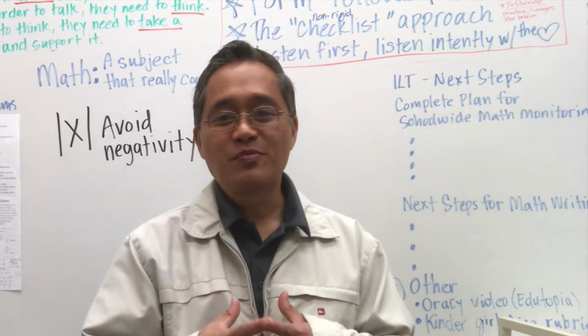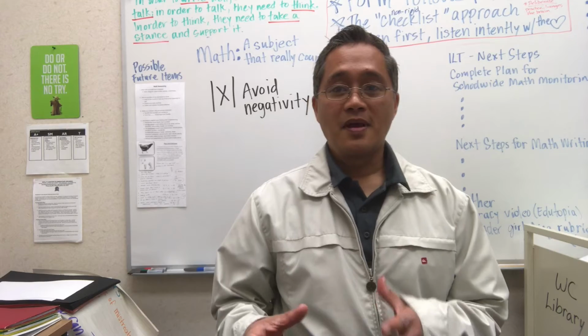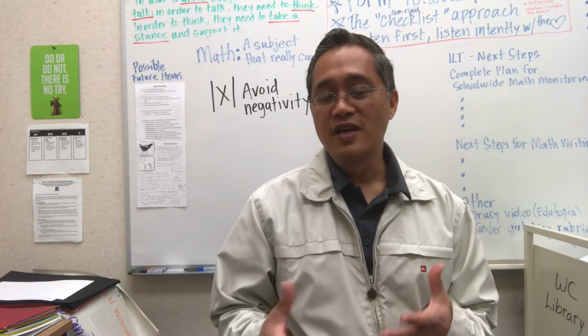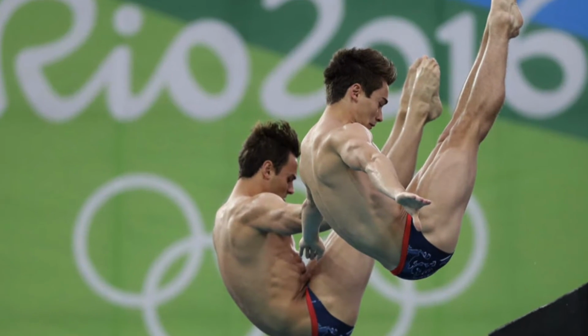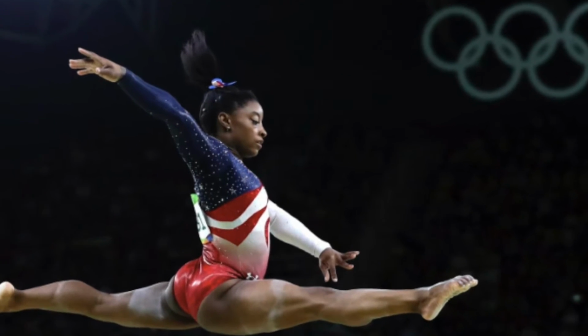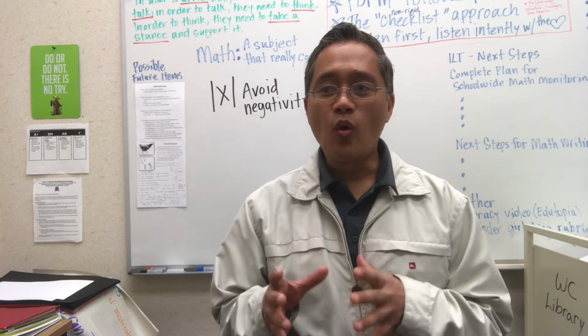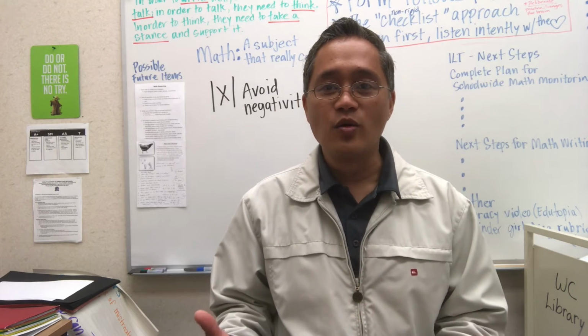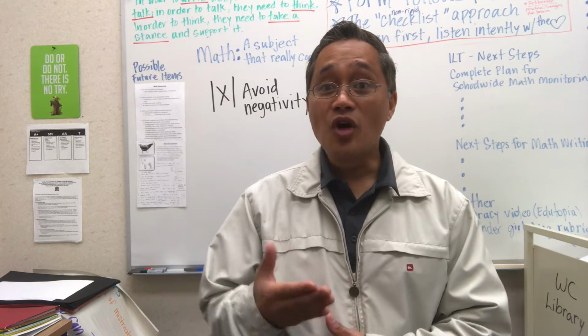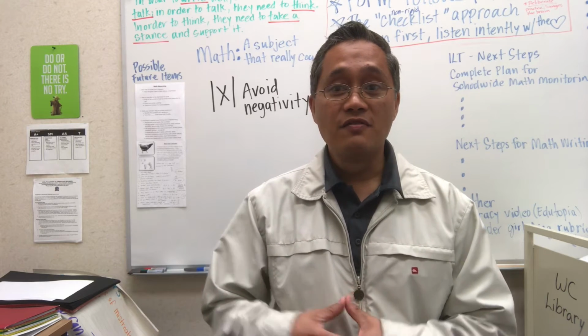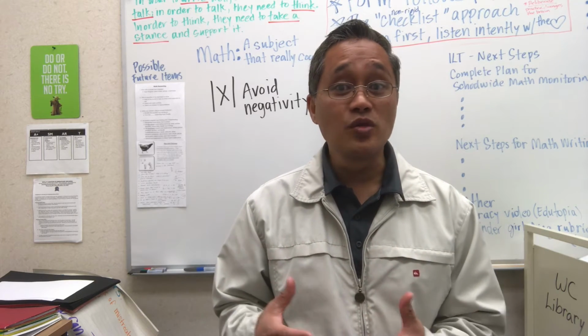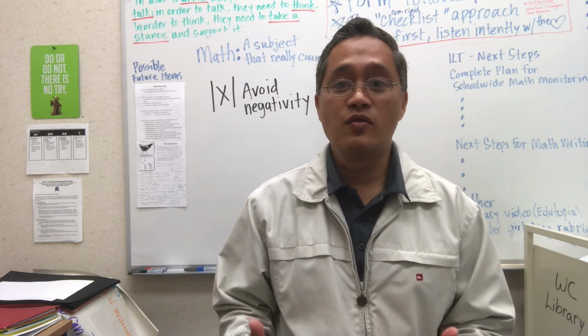So think about experts in any field. I tend to think of Olympic events such as diving or gymnastics or figure skating. The judges for these events always see nuances that I don't notice, and they can talk about these nuances in very clear and specific ways using clear and specific vocabulary.